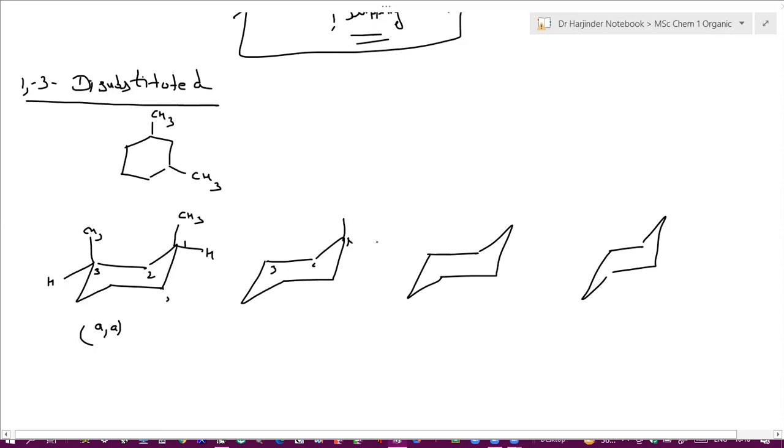Second possibility is both are at equatorial position. So it will become CH3 over here, hydrogen. Third possibility is one at axial and another at equatorial, or you may have equatorial axial.